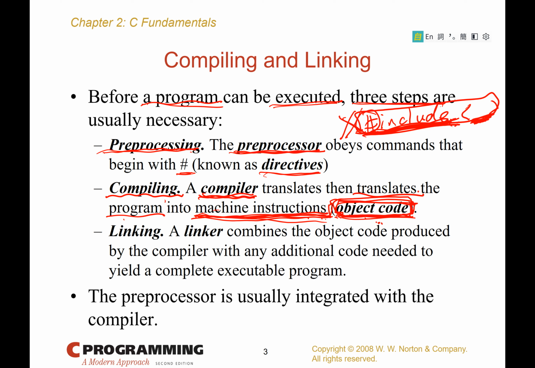And who will generate this object code? It's the compiler that generates object code, from the program you wrote. A compiler is just like a translator who translates English into Chinese, say between an American and a Taiwanese. The Taiwanese can speak English, and the American cannot understand Mandarin, so it requires a translator.